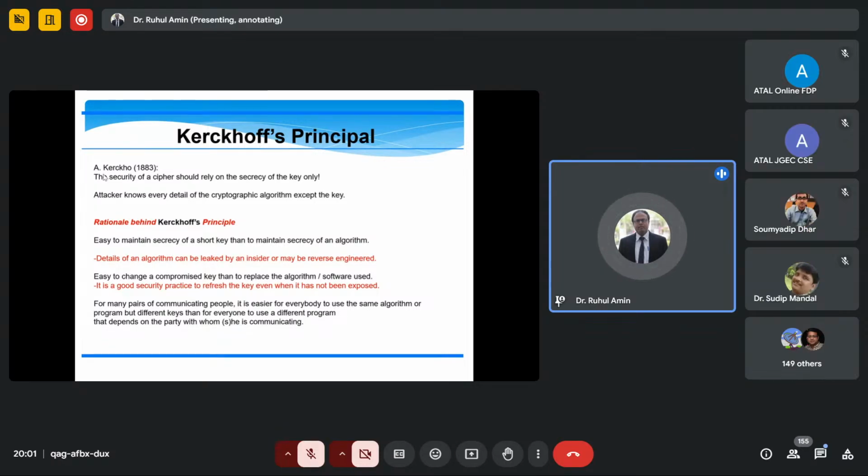If we want to maintain secrecy, which one is easier? Definitely the key is easier, because you can keep the key in some place or with you, but you cannot maintain the secrecy of the algorithm.